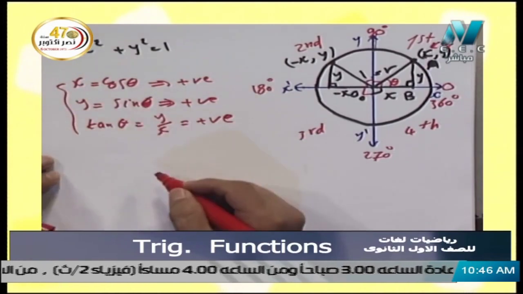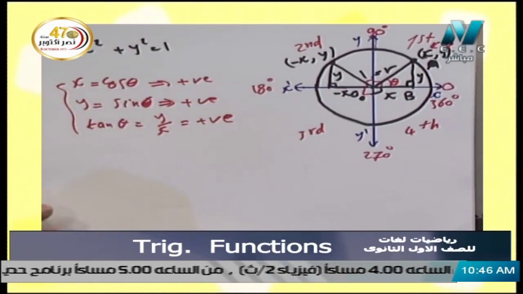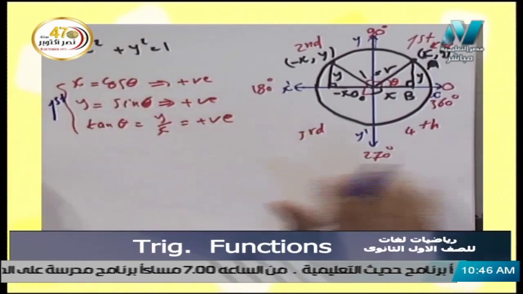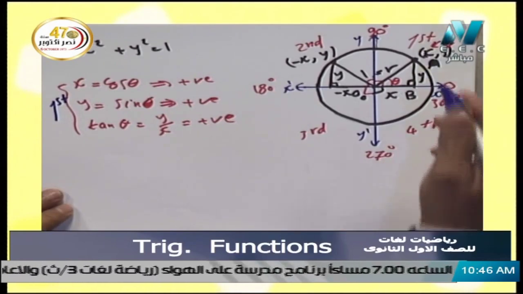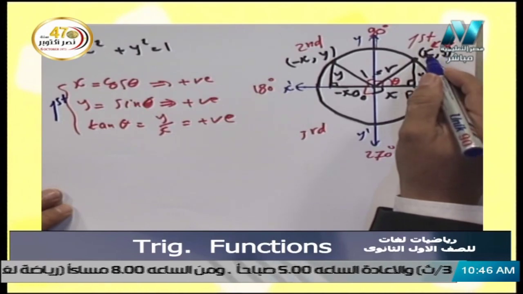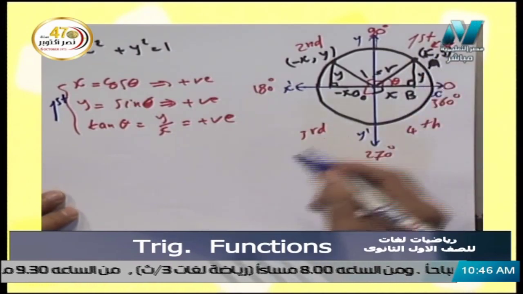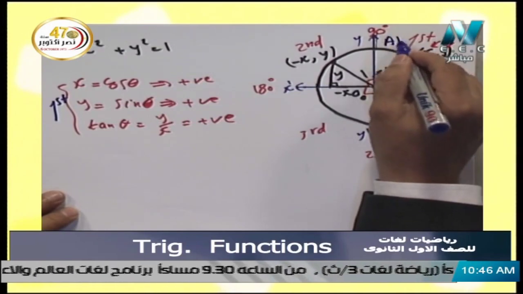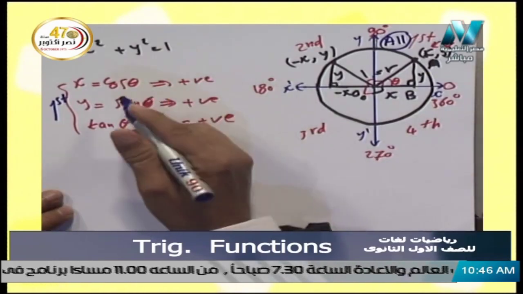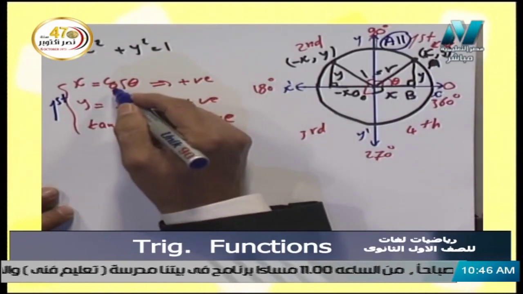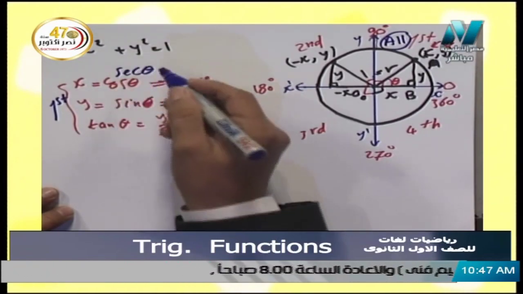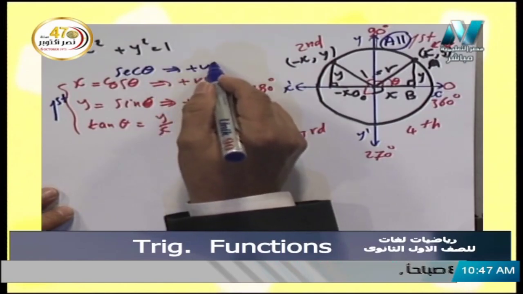So all trig functions in the first quadrant are positive, because cosine is positive, sine is positive, and tan, which is y over x, is positive also. And of course, the reciprocal of cosine is sec, and if cosine is positive, its sec is positive also.